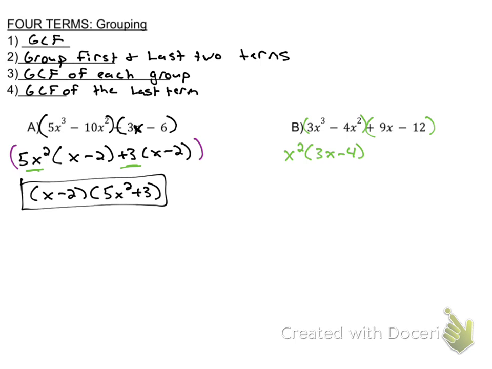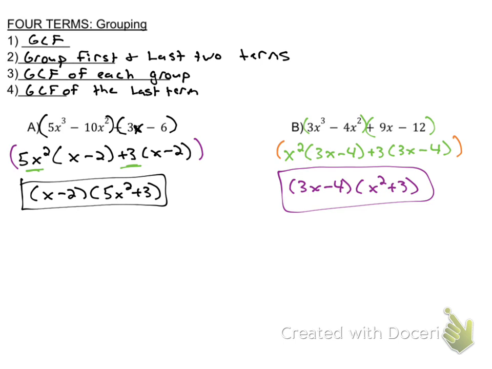What would be the GCF of my second group? 3, which would leave me with 3x minus 4. So that 4-term polynomial factored would be 3x minus 4 times x squared plus 3.